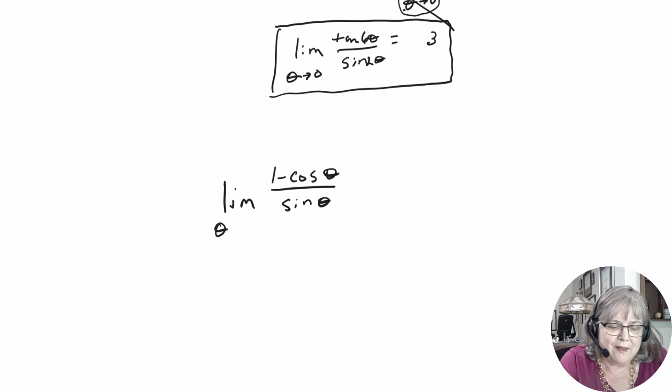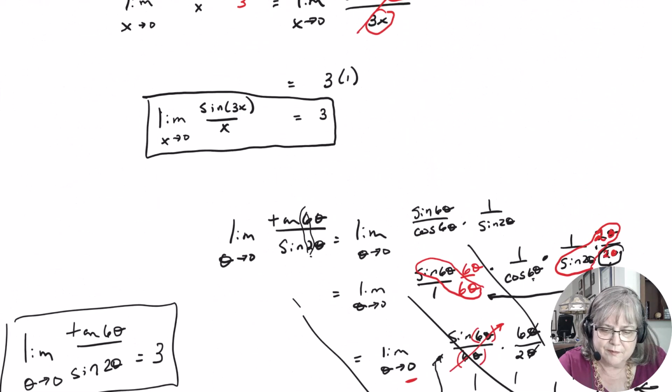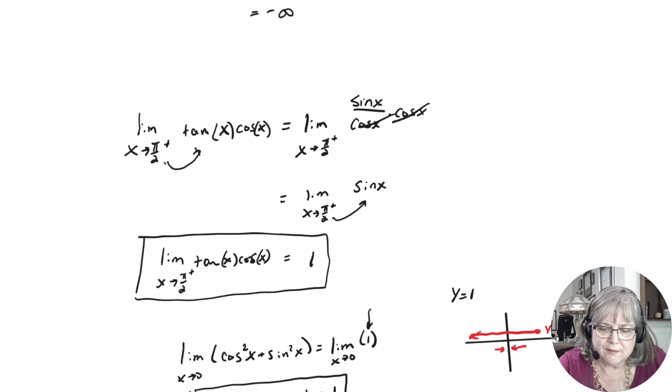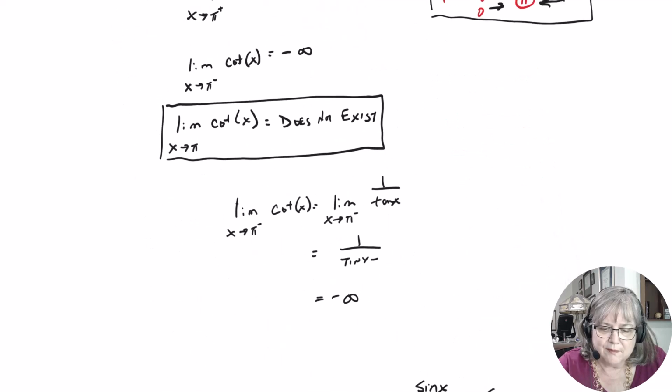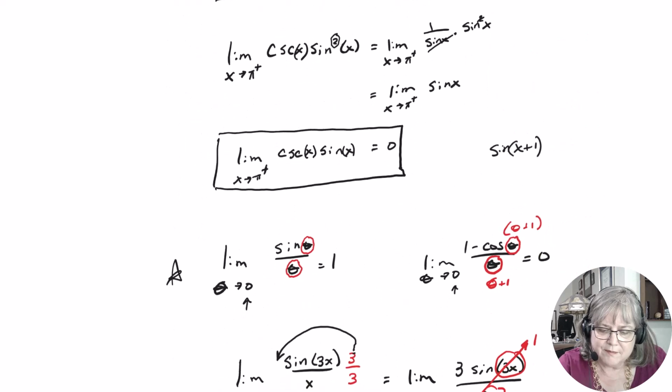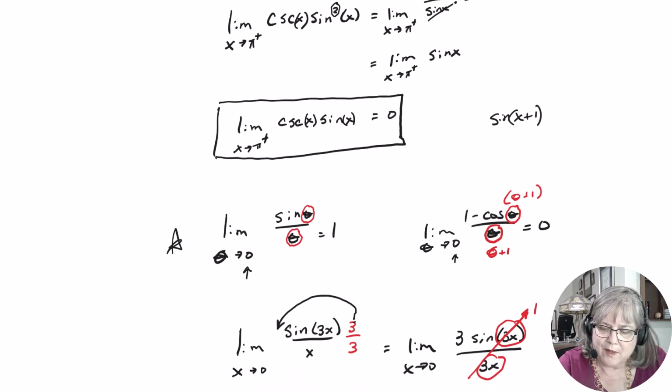So theta goes to 0. So this is one where this 1 minus cosine, you get kind of used to that from that other one way back up here. Did I pass it by? No, there it is. This one right here.